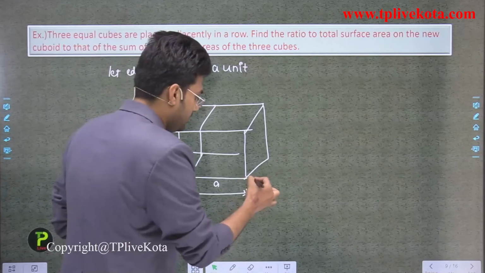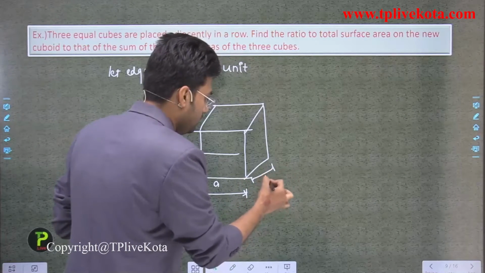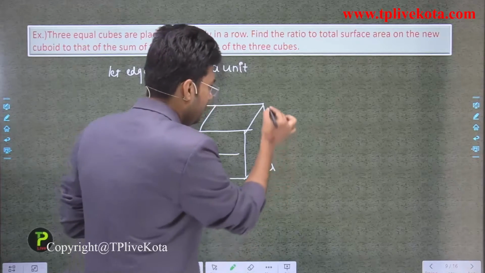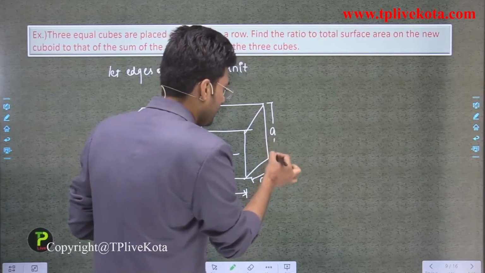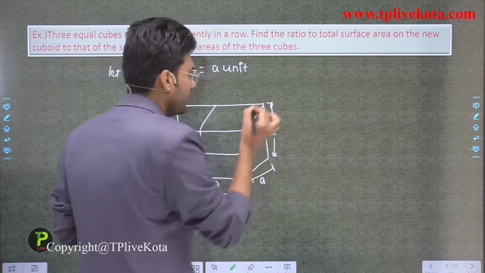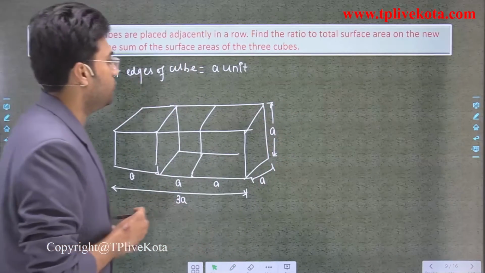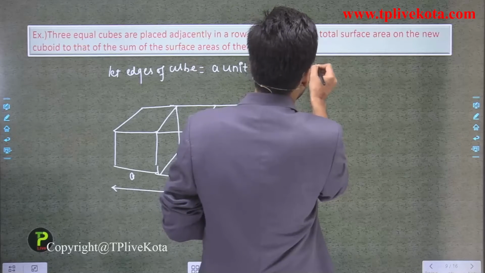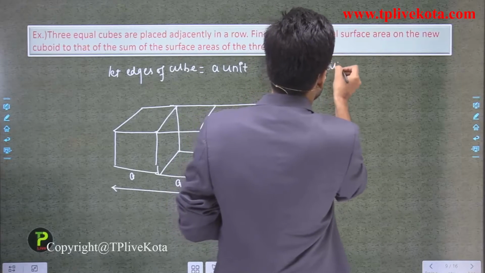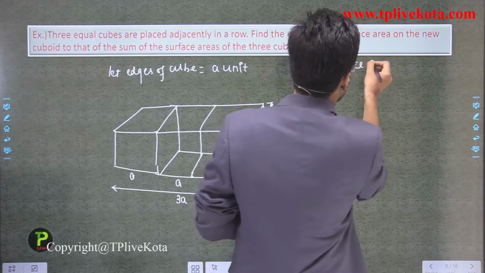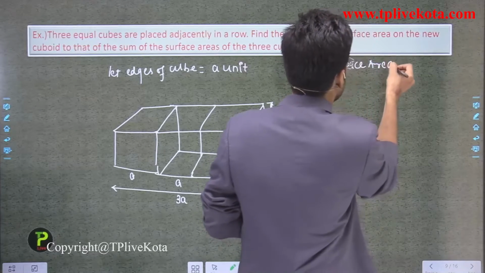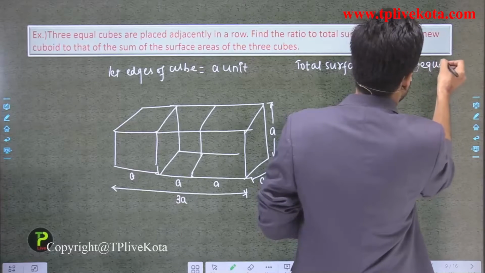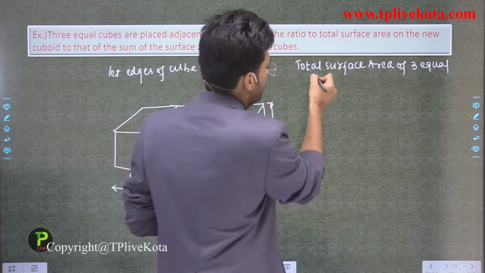Breadth is also a, and height is a. Now first of all, total surface area of three equal cubes.